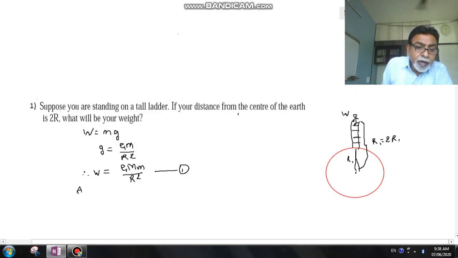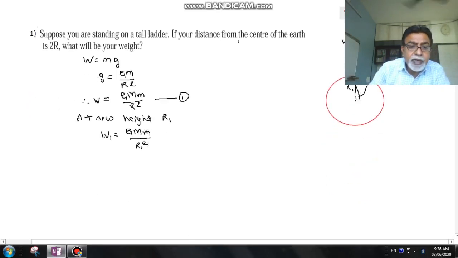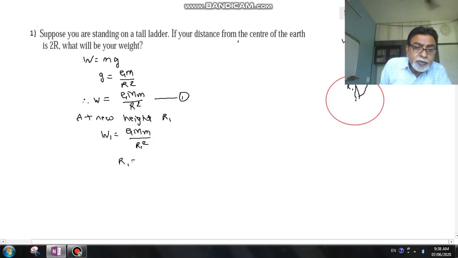Now at the new height, what is that new height? r1. Let your weight be W1. So W1 will be equal to GMm upon r1 square. Now what is the value of r1 here? The new height is twice the radius of the earth, and therefore we'll put this value here.